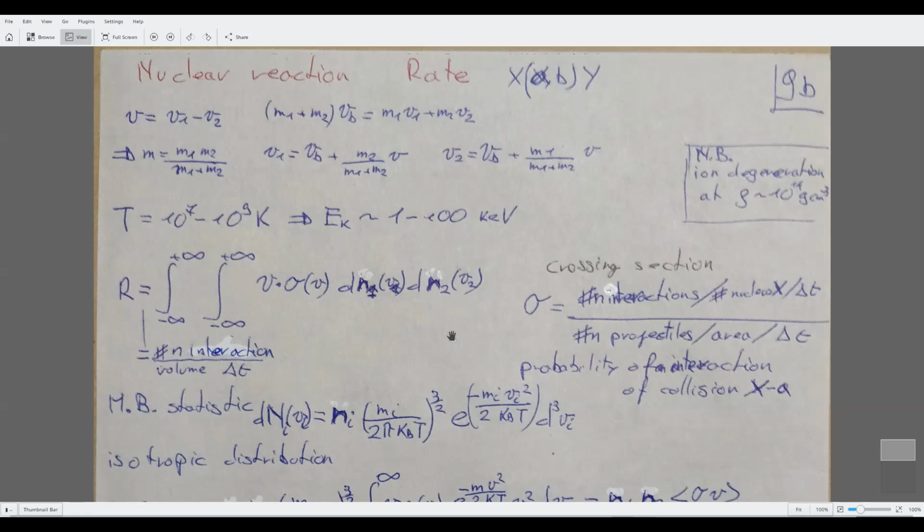So we'll see that obviously there will be some problem to permit the projectile particle A to enter the nucleus of X. Last thing to start to see everything: the rate of the nuclear reaction is just, as we already saw, the integral along all the energy, all the velocity.